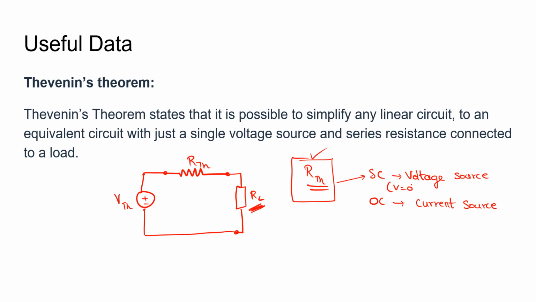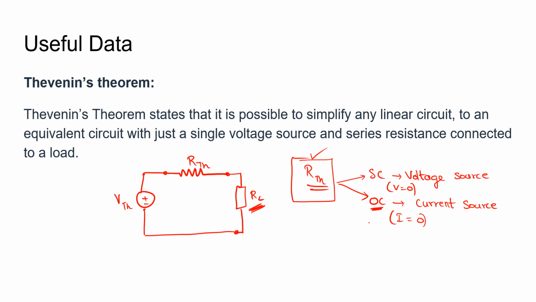Similarly, for current sources, we need to ensure that the current passed through the circuit is 0. Only when we open circuit the current source can we say that the current supplied is 0. That is the reason behind short circuiting voltage sources and open circuiting current sources.